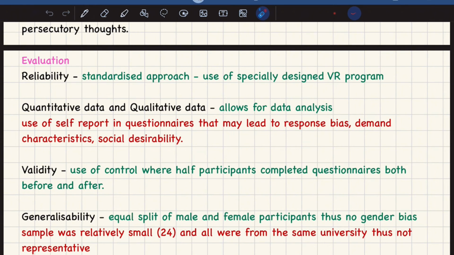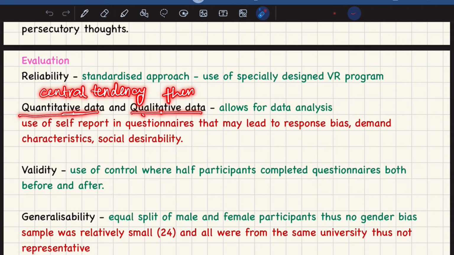Second is the use of quantitative and qualitative data. Quantitative data allowed for objectivity, whereas qualitative data allowed for subjectivity and to understand the participants' thoughts and feelings. Now, quantitative data allowed for central tendency to be calculated, and qualitative data allowed for thematic analysis.